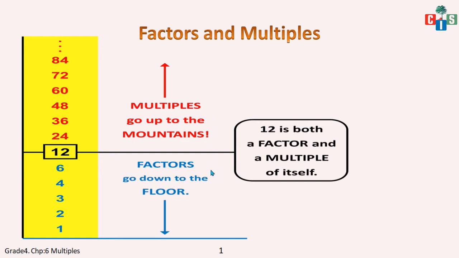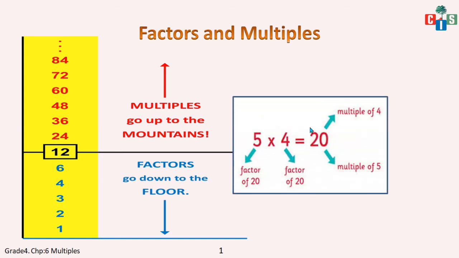Obviously, students, multiples will be greater than the number and the factors will be smaller than the number. We even saw the example that 5 multiplied by 4 will give me 20, and 5 and 4 are factors of 20, whereas 20 is the multiple of 4 and 20 is the multiple of 5. So I hope it's clear to you.